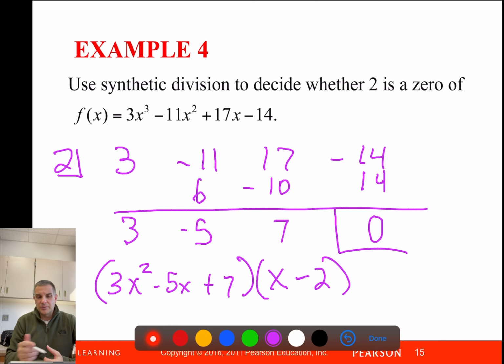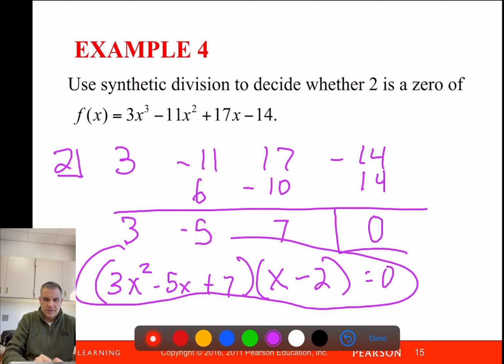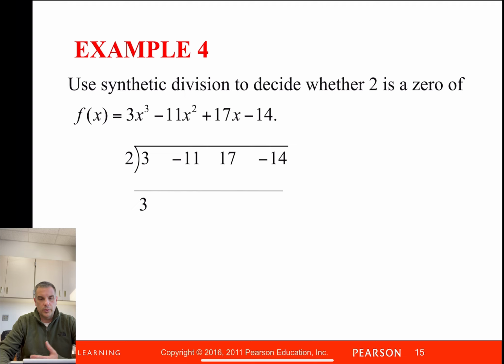Because it's a zero, and we've talked about zeros of functions a lot, these two things are essentially the same thing. Could we factor that first thing? We could. But today you're just going to be determining if it's a zero or not.